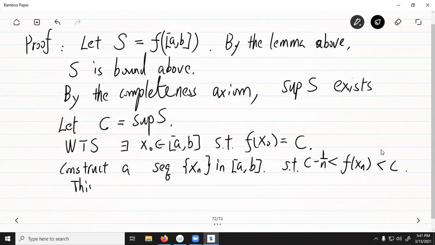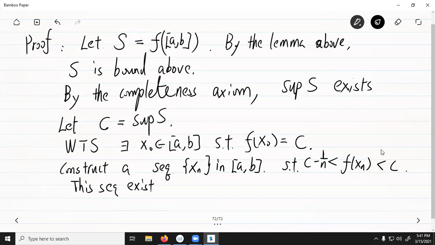This sequence, just as I said, how to construct it? We take N equals 1, C minus 1. We must have a value whose F is greater than C minus 1. So we take that value to be X1, right? X2 and X3 and X4 and so on.